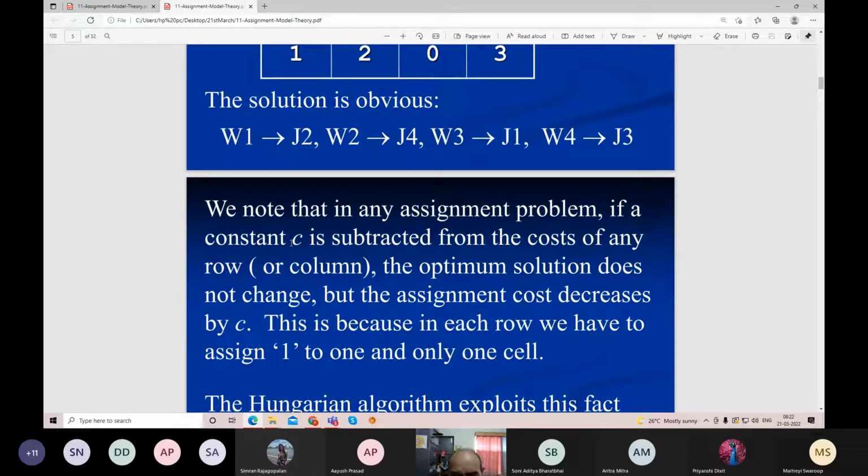This is because in each row we have to assign one and only one cell. I'm repeating again: if you subtract a constant in a particular row or a particular column, the solution does not change, but the assignment cost decreases by amount c. This is because in each row we have to assign only one cell.